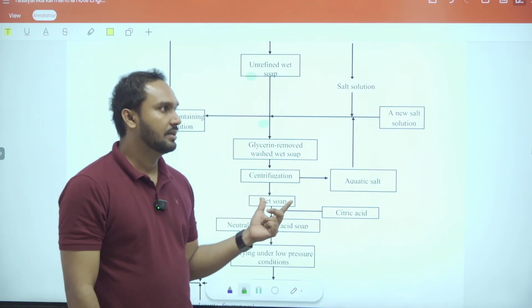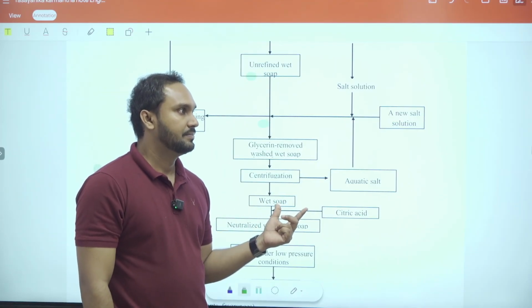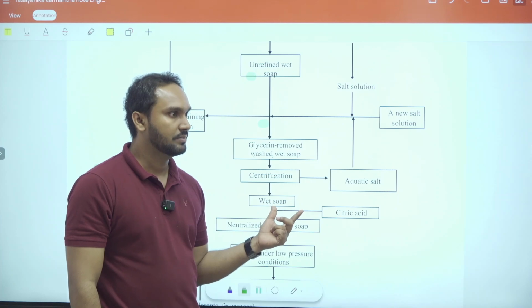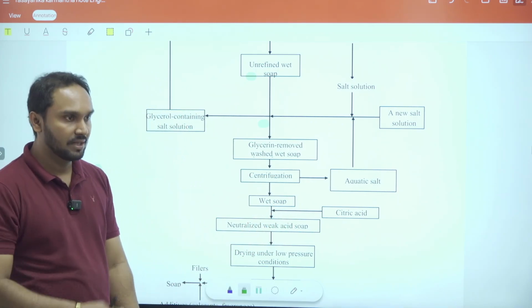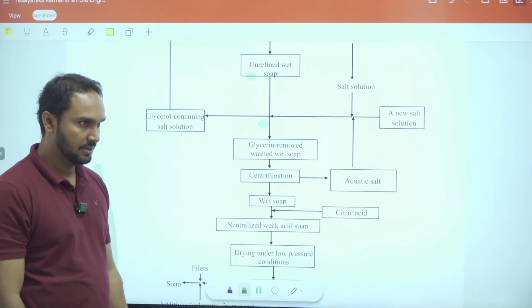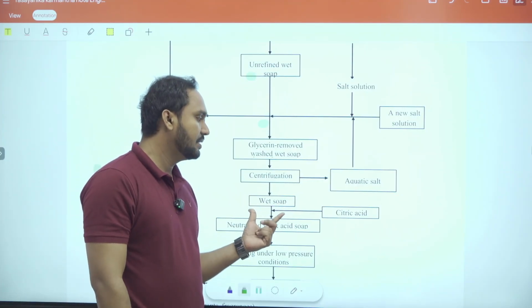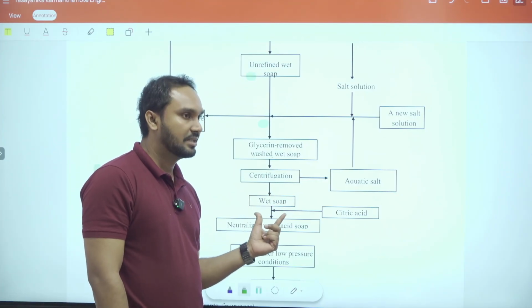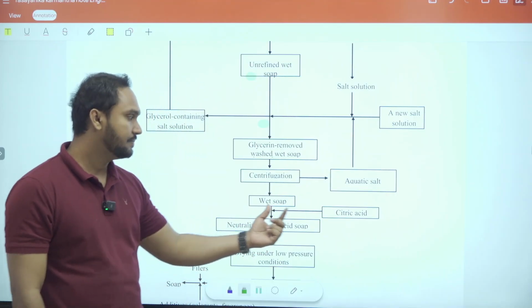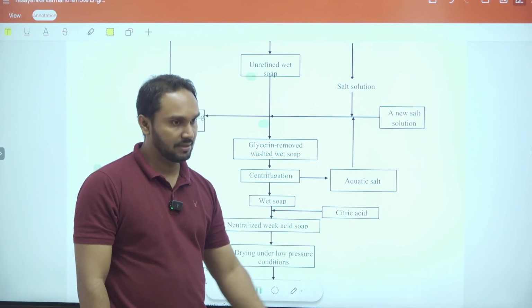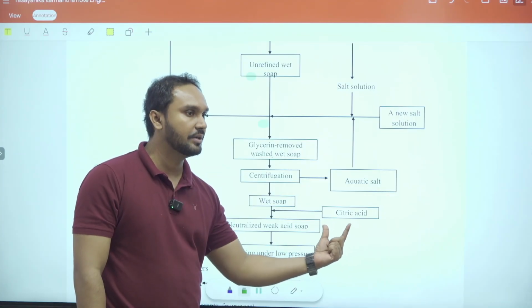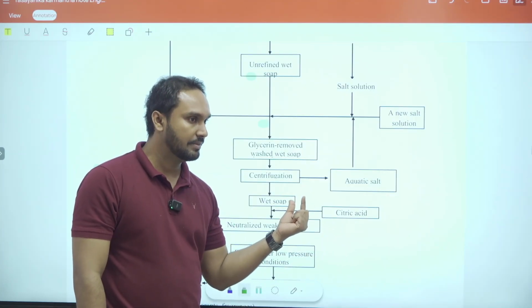It's sort of a corrosive, like it burns your skin, right? So wet soap with a bit of extra sodium hydroxide is neutralized by adding what? Citric acid. So the citric acid is added to neutralize the excess sodium hydroxide, right?